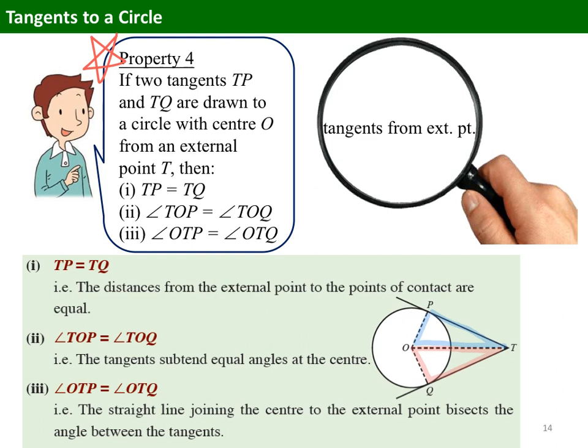First one, TP equals TQ. The second one, angle TOP equals angle TOQ. And the last one, angle OTP equals angle OTQ. And we have to write down tangents from external points when we use this property.